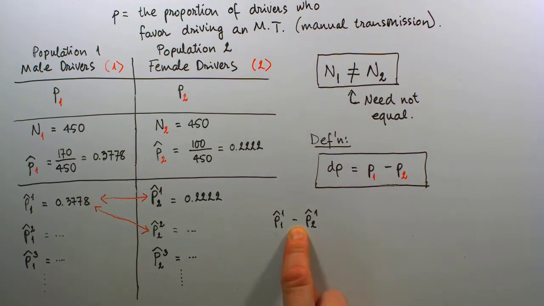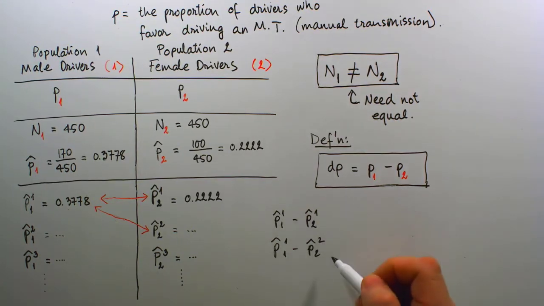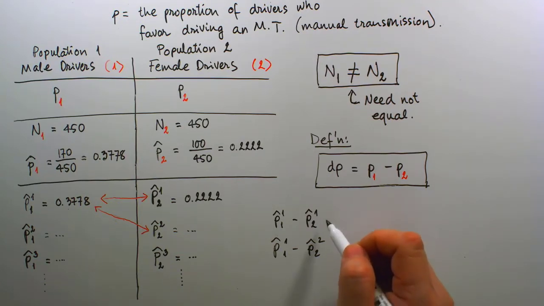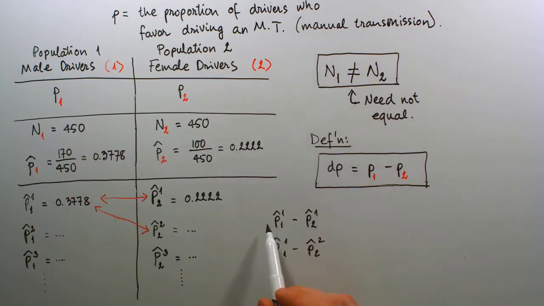It may give a value equal to what we had earlier, pH1 first sample minus pH2 second sample. They could be the same, they could be different values, but in the end these are all differences between a sample from population 1 and a sample from population 2. And again, we stay permanently in that convention: value from population 1 minus that similar value from population 2.